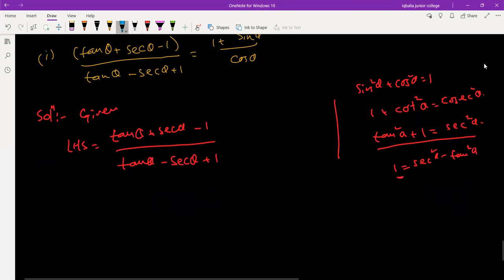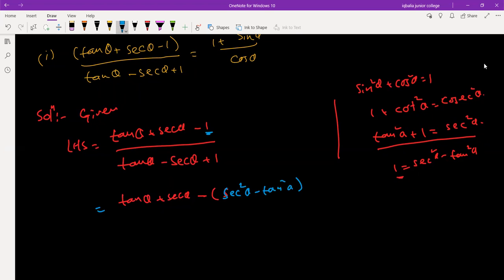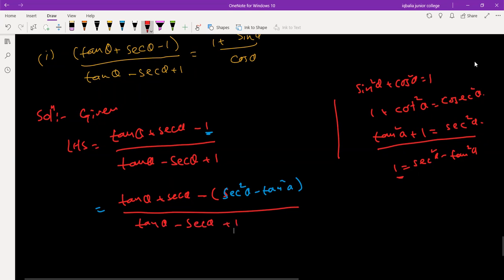So here I'm going to write tan theta plus sec theta minus, sorry, this is sec square theta minus tan square theta, and here tan theta minus sec theta plus 1.